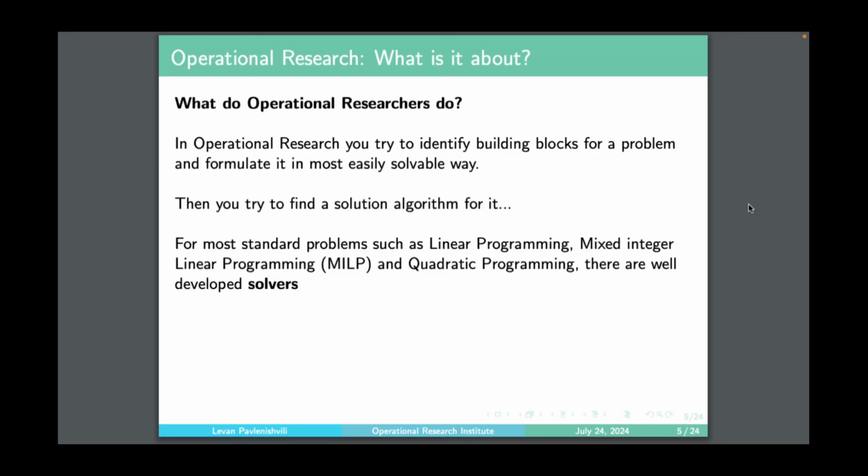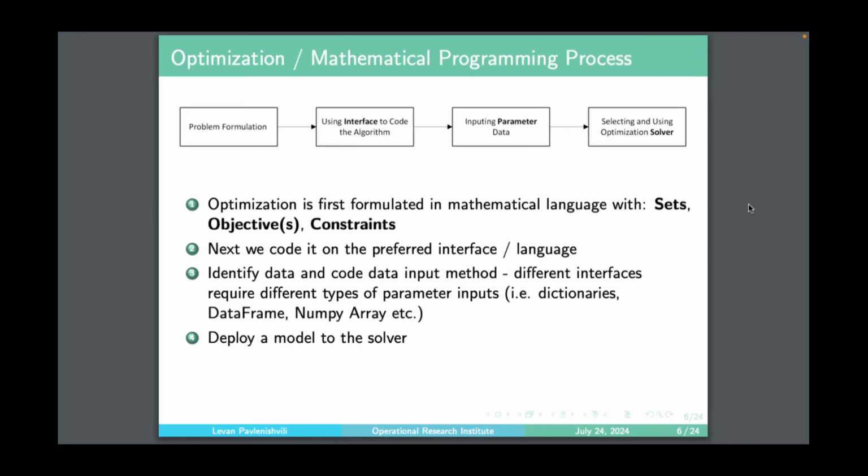So what we normally do, when we are trying to put together a mathematical programming problem and solve it, is we have several steps. Basically, the first is we formulate the problem mathematically, basically write it on a piece of paper or put it down in LaTeX, and then we code it in an interface.